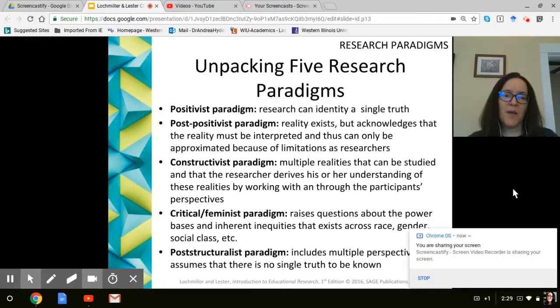Critical and feminist paradigms. It is possible to bring in a critical paradigm, and we'll say that feminist research is part of critical theory. It's possible to use quantitative methods and a critical lens, but the critical lens means that we are not assuming that the phenomenon under study is neutral.